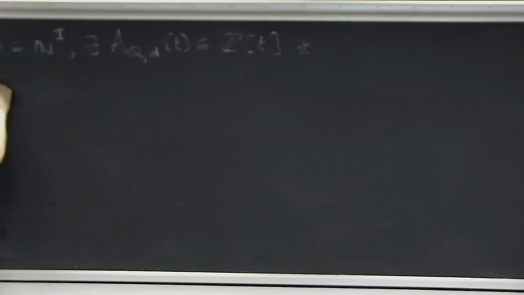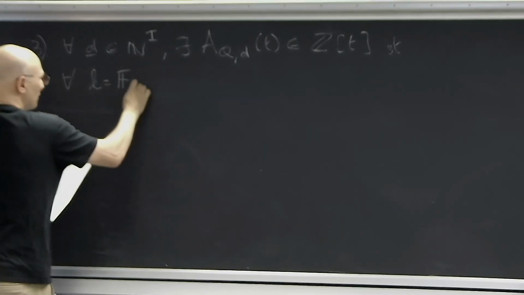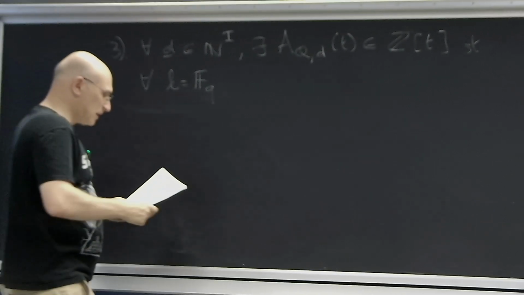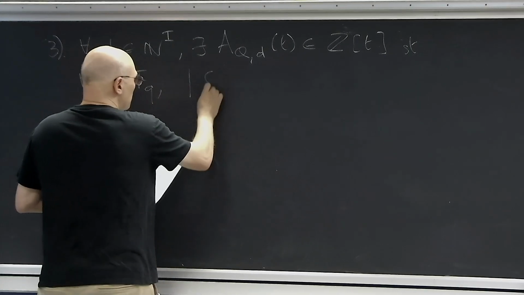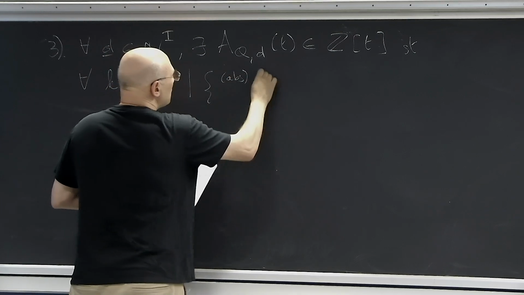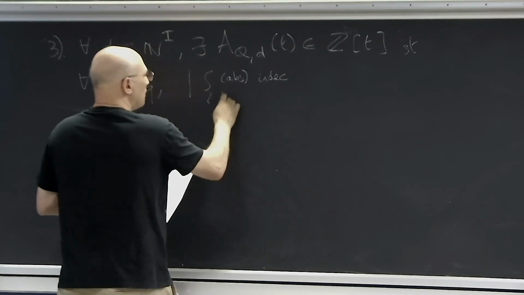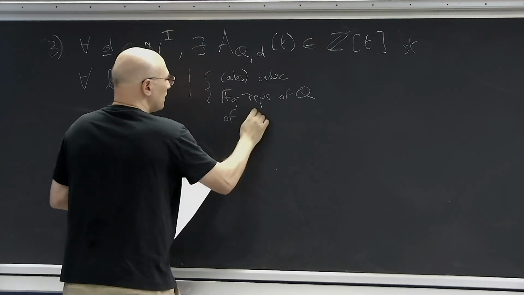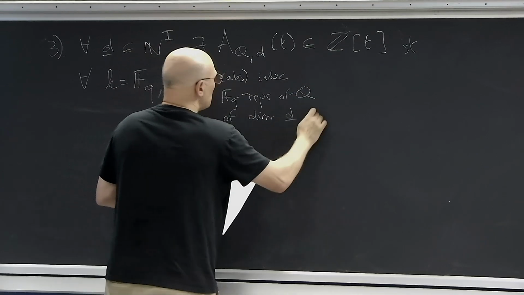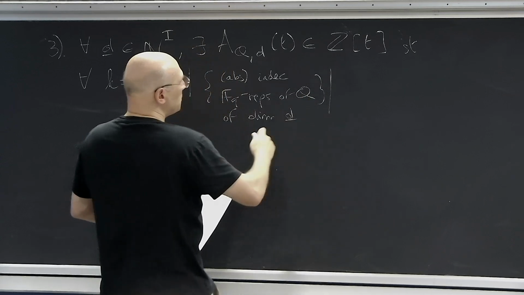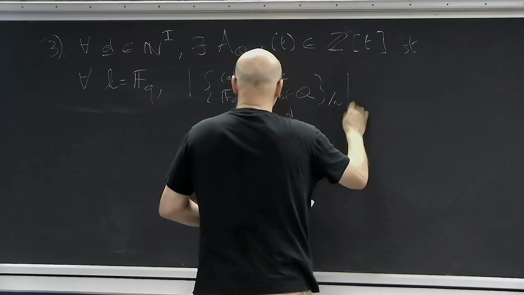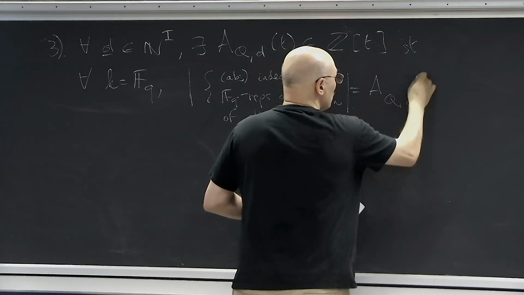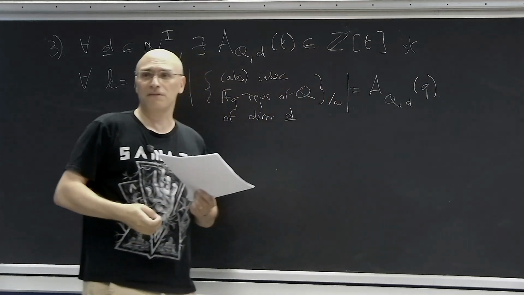for any finite field, okay, so far k was anything, now I'm looking at finite fields, the number of absolutely indecomposable F_q representations of Q of dimension d, up to isomorphism of course, is just the evaluation of this polynomial at the size of the finite field.